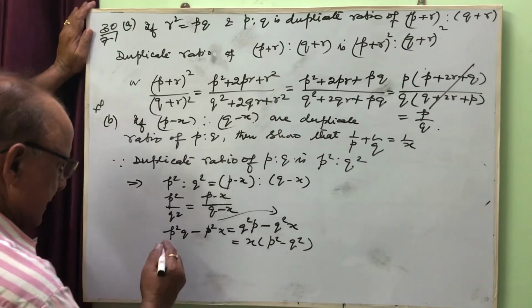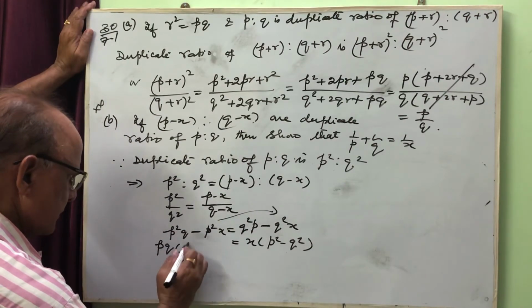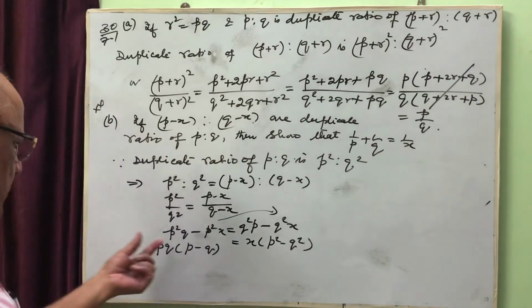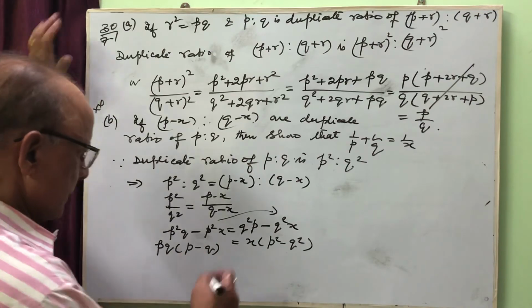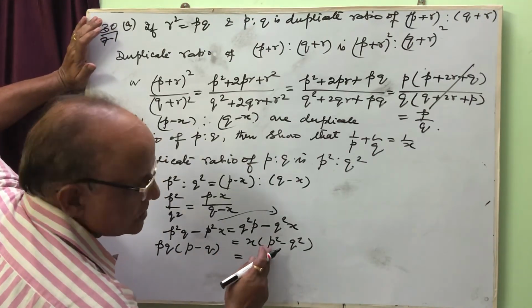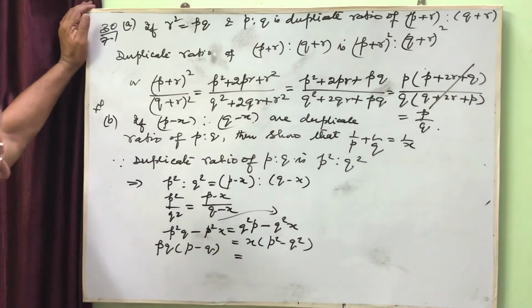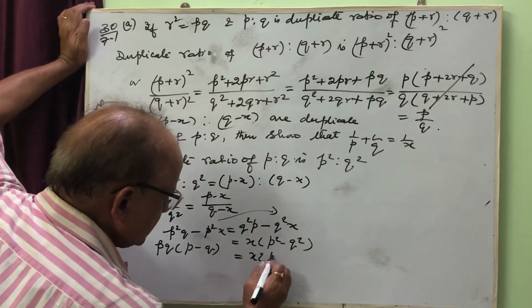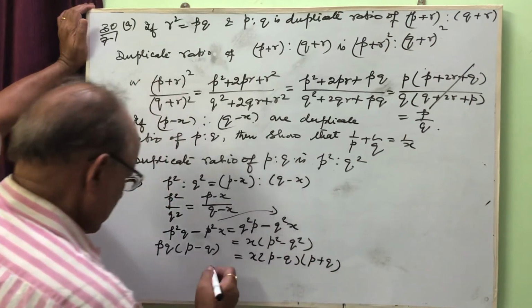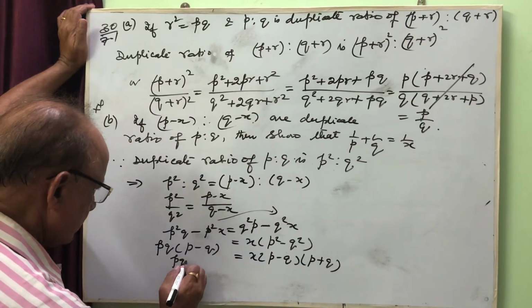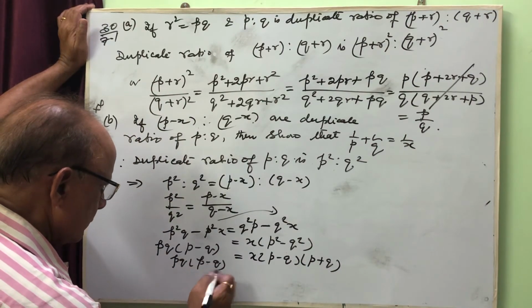Now transfer this side. Take pq common. This will be p minus q. P square q minus q square p. I have taken pq common, p minus q. Here you can apply the formula a square minus b square is equal to a plus b into a minus b. This is x into p minus q into p plus q equal to pq, p minus q.